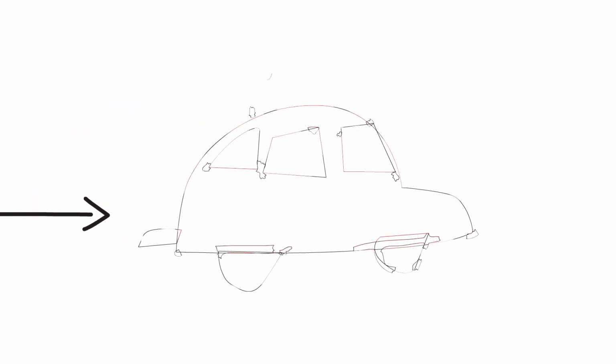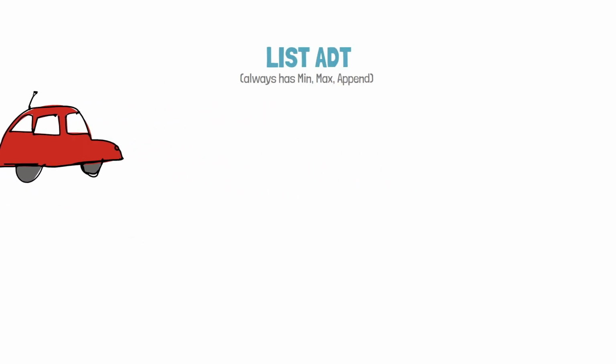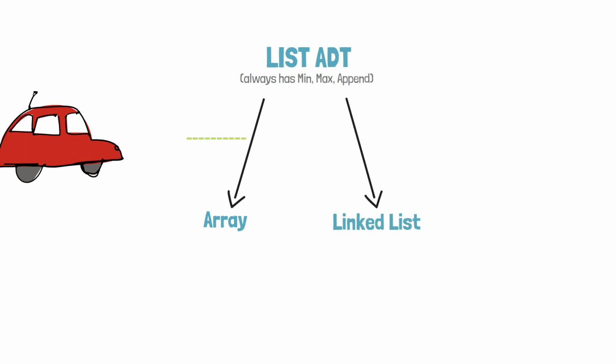A set of brakes, whether implementing disc brakes or drum brakes, will always behave the same. It will slow down your car when you step on the brake pedal. Likewise, the list ADT will always operate with the same behaviors whether it's implemented with an array or a linked list. In other words, min will always return the minimum value of the list, max will always return the maximum value, and append will always add an item to the back of the list.